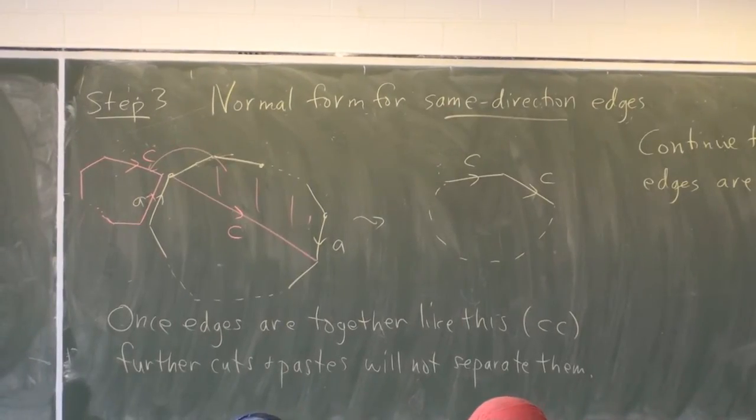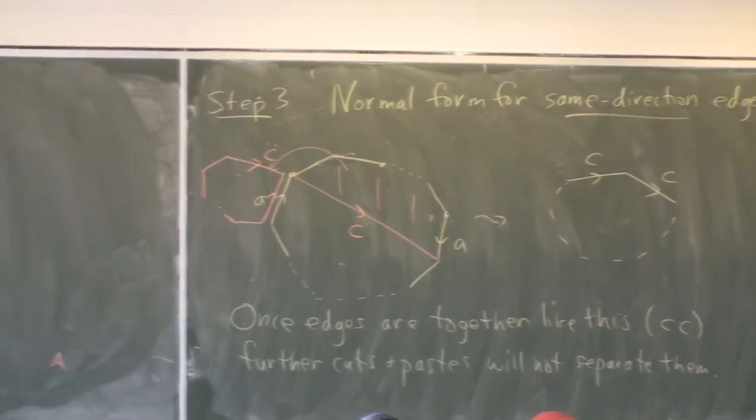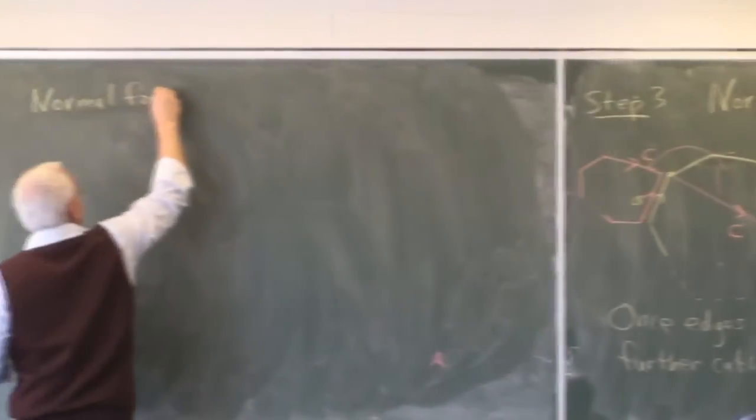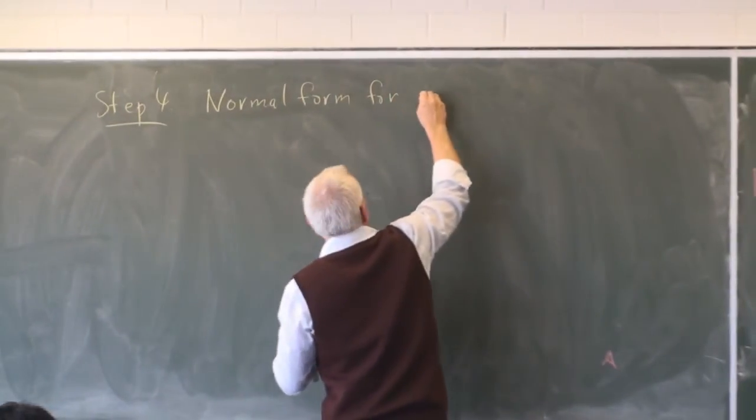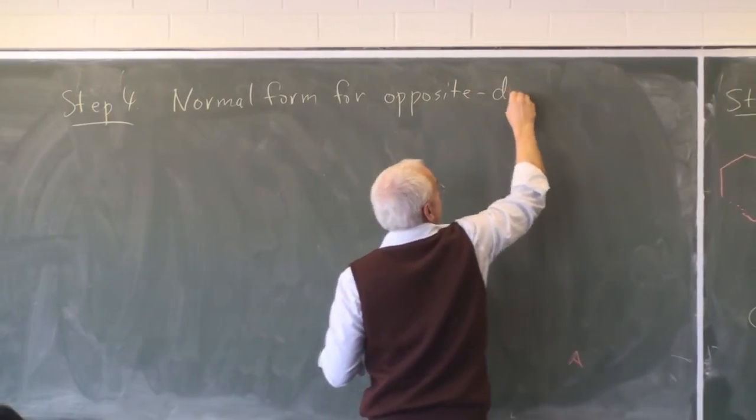All right, so step 4 is normal form for opposite direction edges.